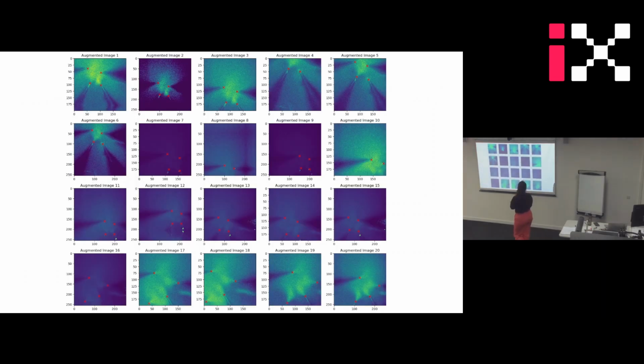For example, this is the first batch that I was looking at. For me, most of the transformations I was doing did make sense. Perhaps this is going too hard on contrast and brightness change because you cannot see much anymore. It also gave me some information about the padding, because here it shifted the image upwards.